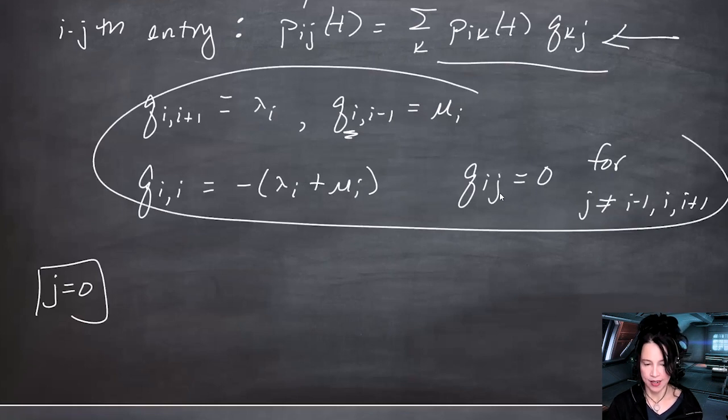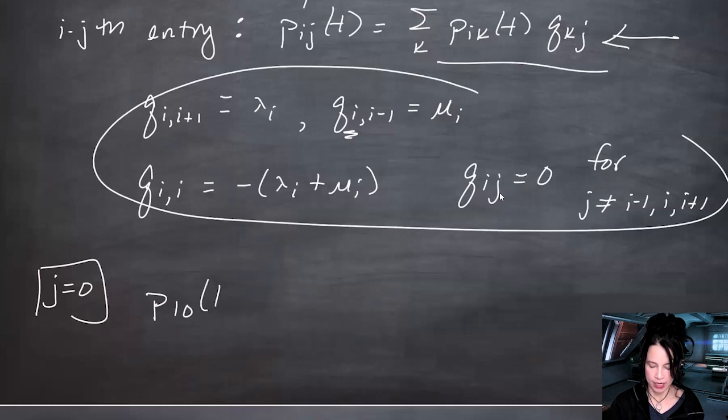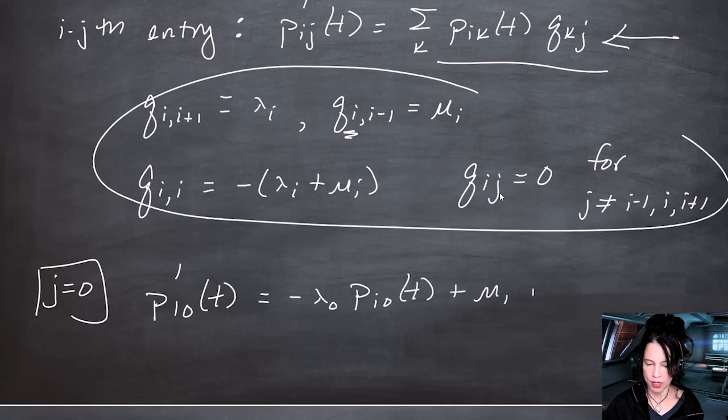I want to write this out using this information, just in the interest of time. The probability of going from 1 to 0 in time t, the derivative of that with respect to t, that one actually only has 2 surviving terms. And this, if you work it out, should be negative lambda_0 P_i0(t) plus mu_1 P_i1(t).